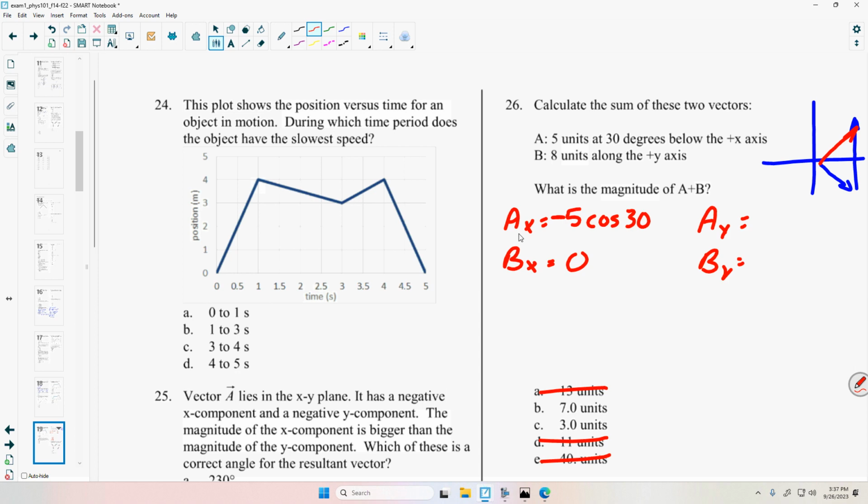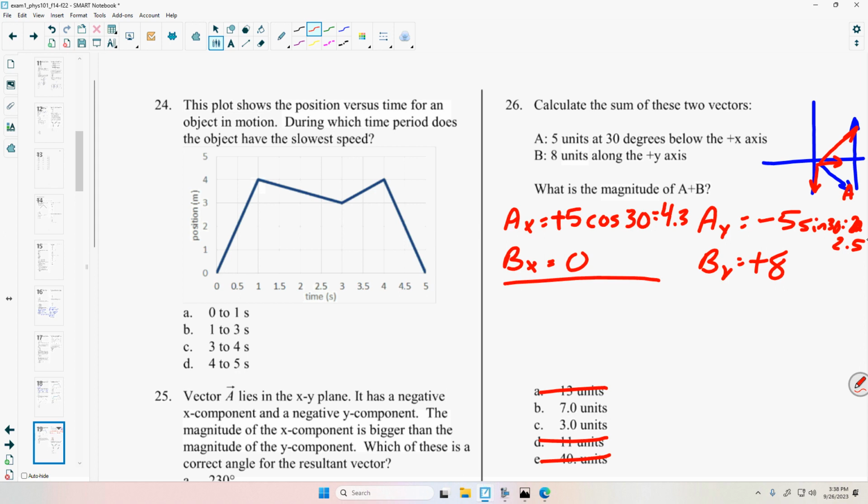AX should be -5 cosine 30. This is A right here, so it has a Y. Excuse me, no, I'm sorry. I misled you. AY should be negative. That should be positive. So this should be -5 sine of 30. It's 2.5. And then BY is equal to +8. Right, and this is 5 cosine 30. That's 4.3.